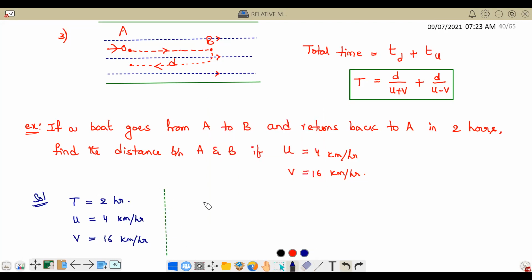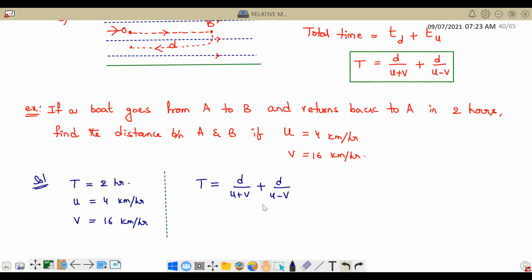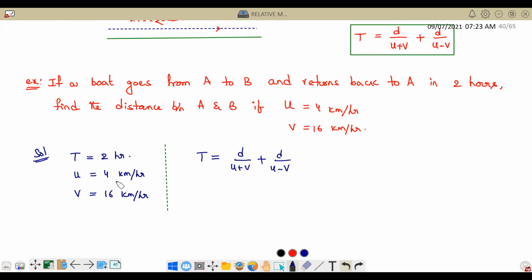Now if you use this equation, total time is equal to d by u plus v plus d by u minus v. Now here you may get a doubt: u is 4 and v is 16. So here you have to be careful that you should take the magnitudes, that means the net velocity. So total time is 2 hours.